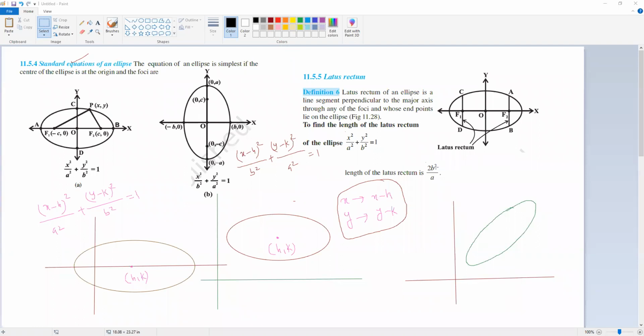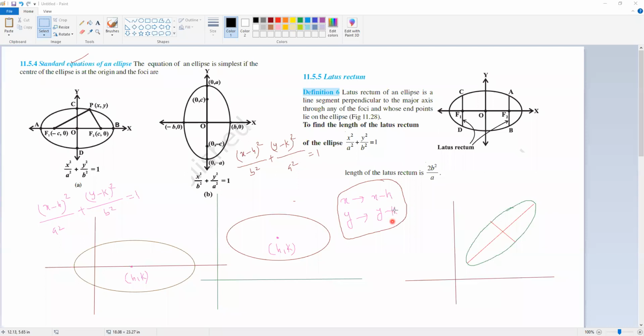Okay, so here you can see that the major axis is not horizontal, the minor axis is not vertical. Okay, it is a slant line. There are situations like that also, but that you will study in higher classes. So फिलहाल हम इतना ही discuss कर रहे, ellipse with the center at origin. कभी कभी center at other point है तो h, k है तो आपको x के जगह x minus h दे देना, y के जगह y minus k दे देना.